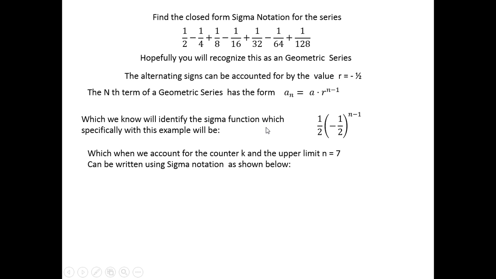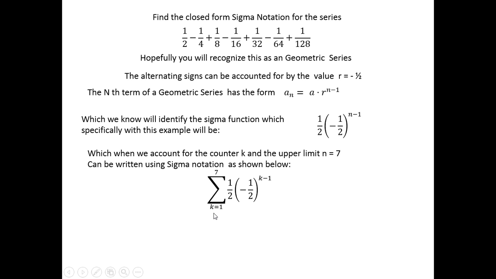And which, again, as we saw previously, would help to define the sigma function that we would use in our format. This specifically went up to 7. That is, we're generating 1, 2, 3, 4, 5, 6, 7. We're asking for the 7th term, okay?